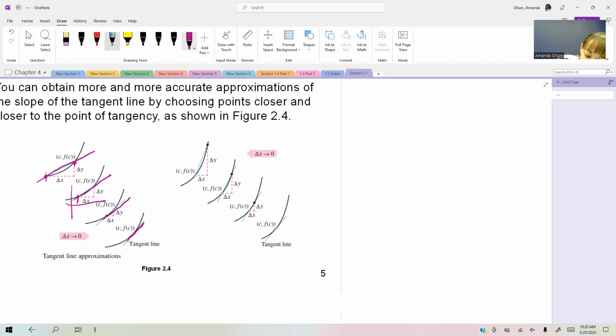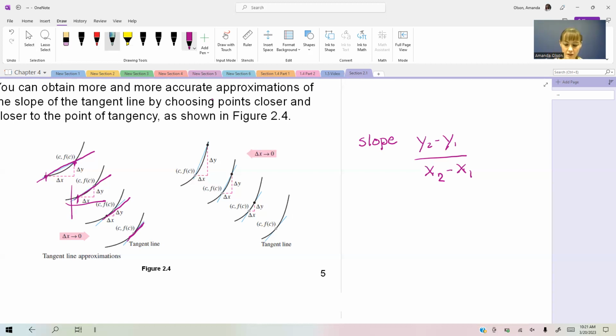Now, the way that you find the slope for a secant line or any line is you take the difference in y values with respect to the difference in corresponding x values. So you have that ratio of y change to x change.